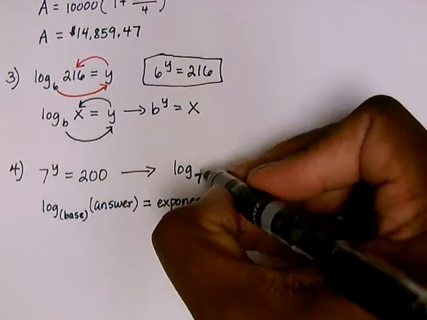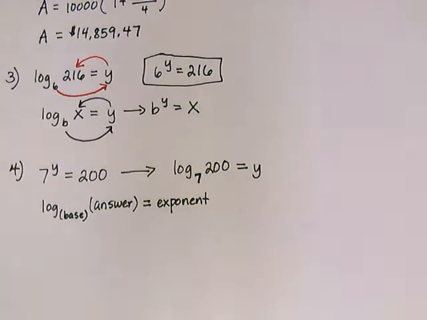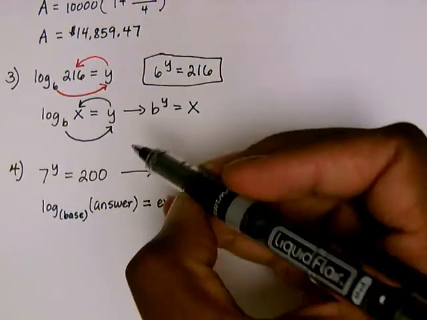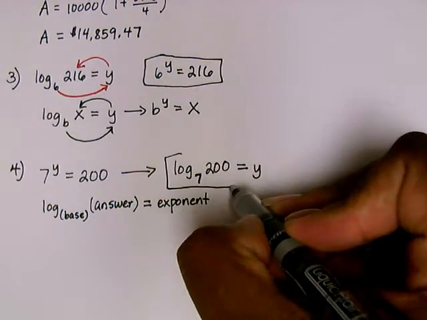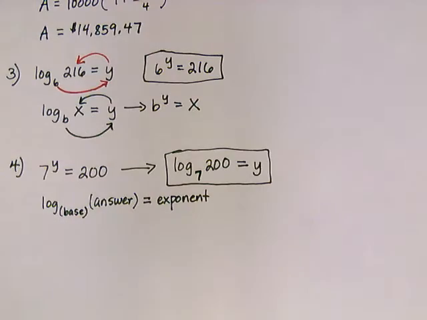This 200 right here will go immediately after the log. So in this case, we're going to have log to the base 7 of 200 equaling y. So this will be your equation from exponential form to its equivalent logarithmic form.